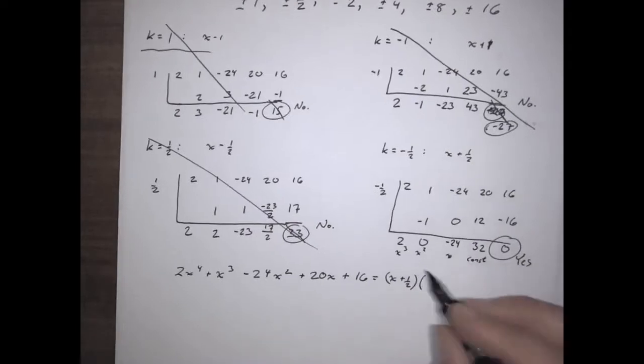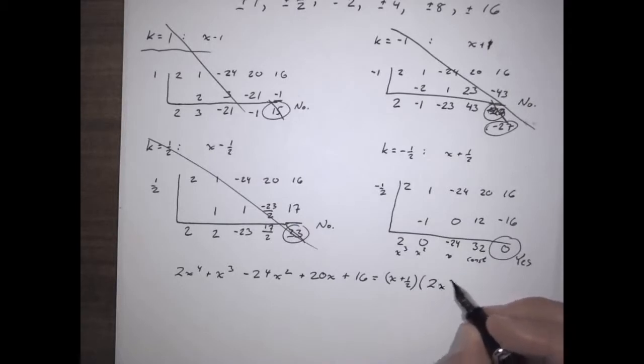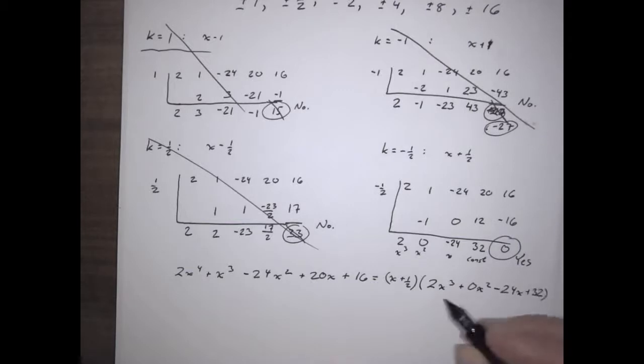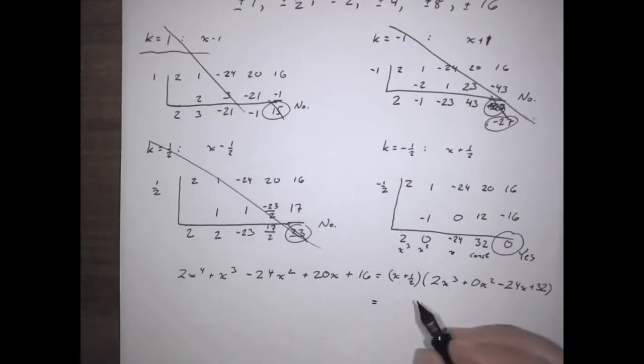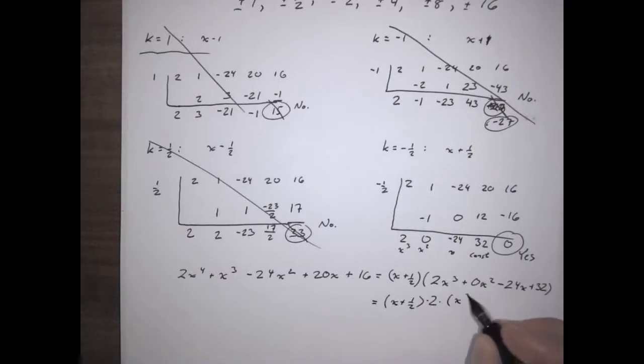So that's going to be 2x cubed plus no x squared, I'll put it in there. Anyway, minus 24x plus 32. Now notice that it has a common factor of 2, so we can actually pull that out. X cubed plus 0x squared minus 12x plus 16.